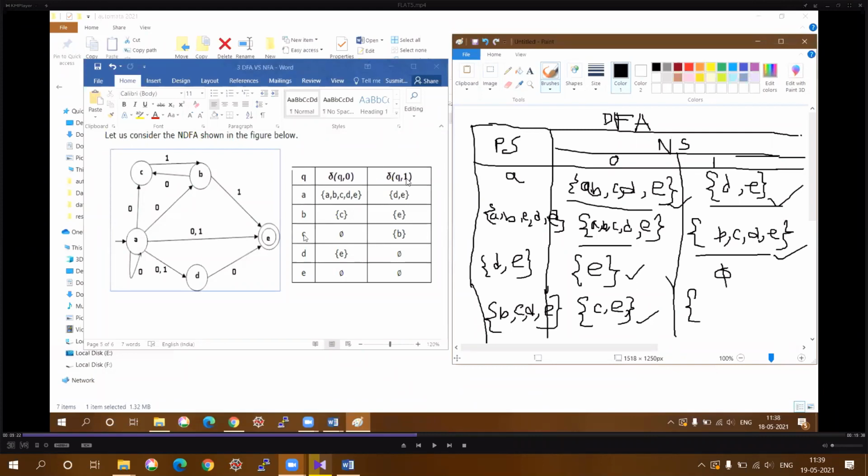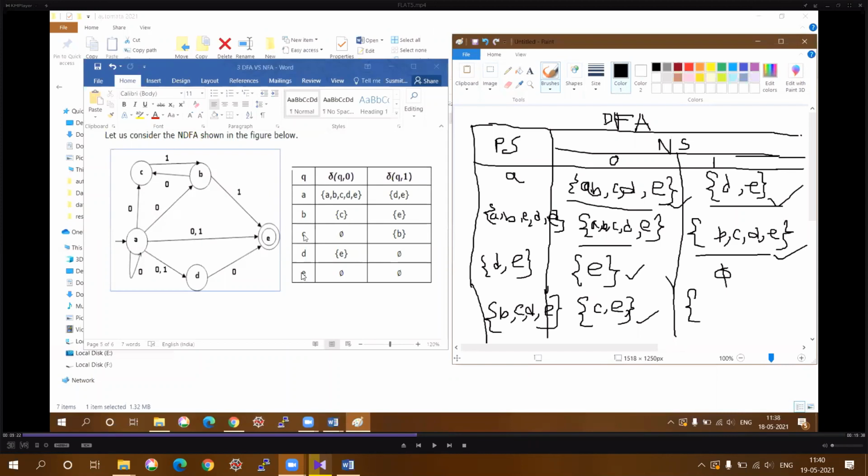From A, if I use 1, it is going to D state. From B, if I use 1, it is going to state E. From C, if I use 1, it is going to B. From D, if I use 1, it is going to E. Then a null state. There is no transition using 1 from E as well.